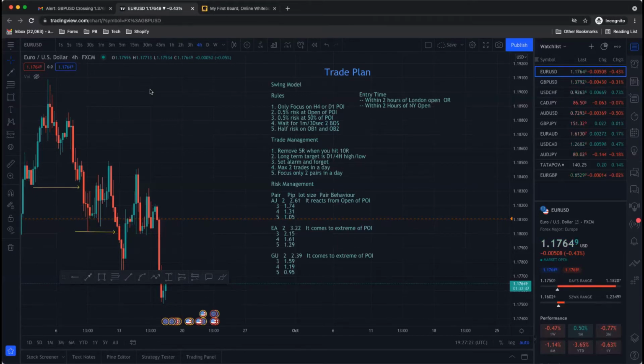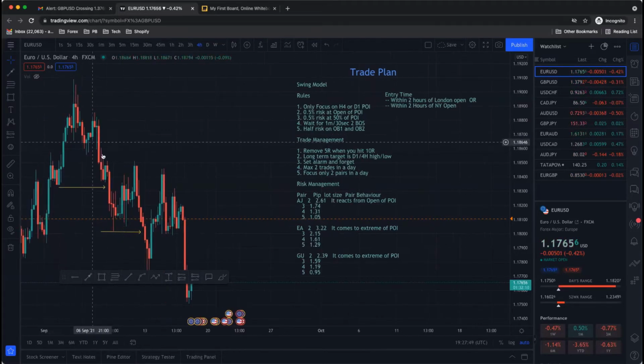I'm using the example of the confirmation entry here. For this model, I'm going to wait for 2 breaks of structure on the 1 minute when the price hits my point of interest, with half risk on OB1 and half risk on OB2. I'll talk about this when going through the example.